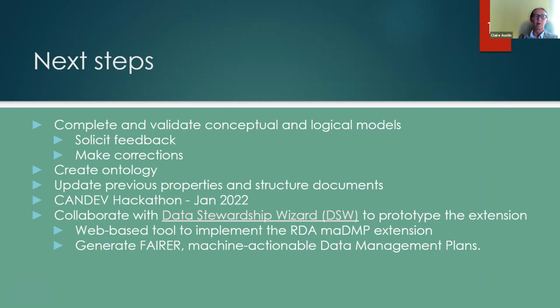The federal government has a hackathon once a year, and this project is being accepted as one of the hackathon challenges. It's in January, maybe February, so in the new year, 2022. And then we're starting a collaboration with the Data Stewardship Wizard to prototype this extension.